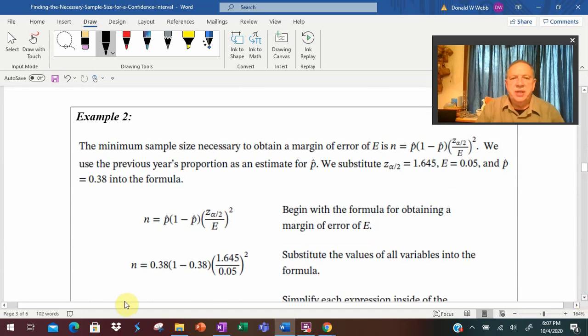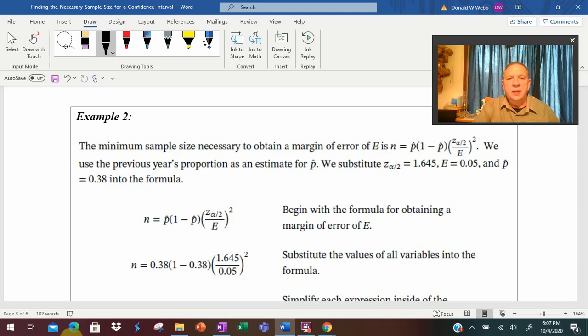So the minimum sample size necessary to obtain a margin of error E is N equal to p hat, 1 minus p hat, z alpha over 2, the critical value, divided by the margin of error desired. Square that. So here, there was a previous year's proportion as an estimate. We use the previous year's proportion as an estimate for p hat. And p hat was 0.38, 38% from a previous year's study, and now we're going to do another sample to make sure everything's still the same.